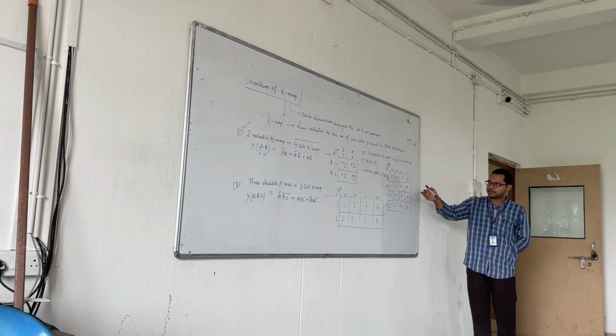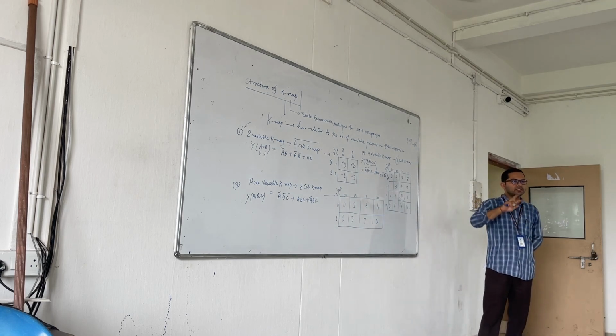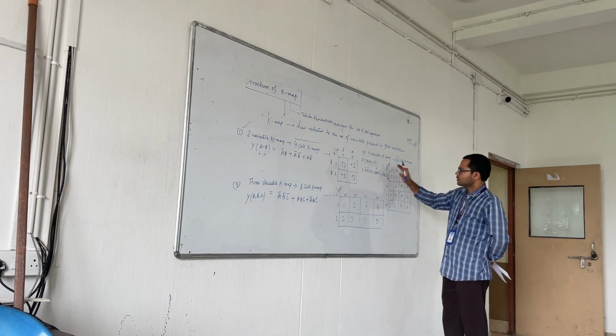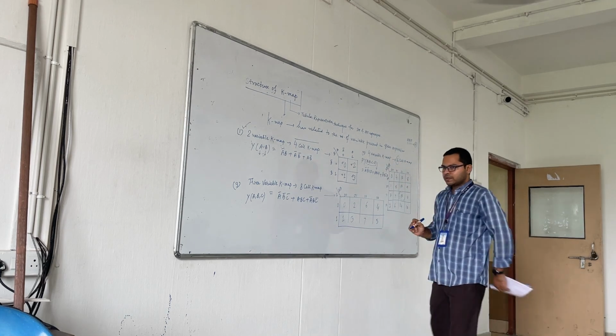Now it will change if you change the position of the variables. That means you are shuffling the variables from row to column and column to row or vice versa. Let's see.